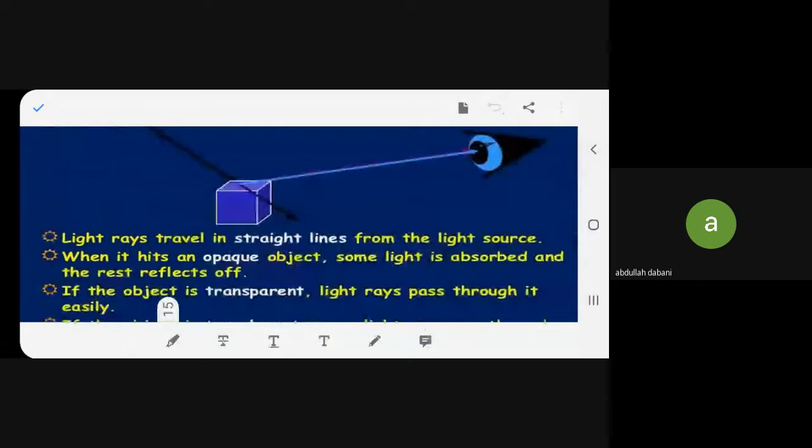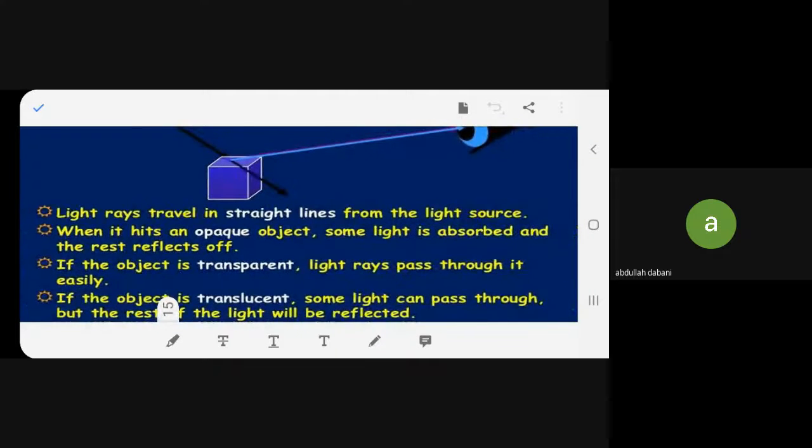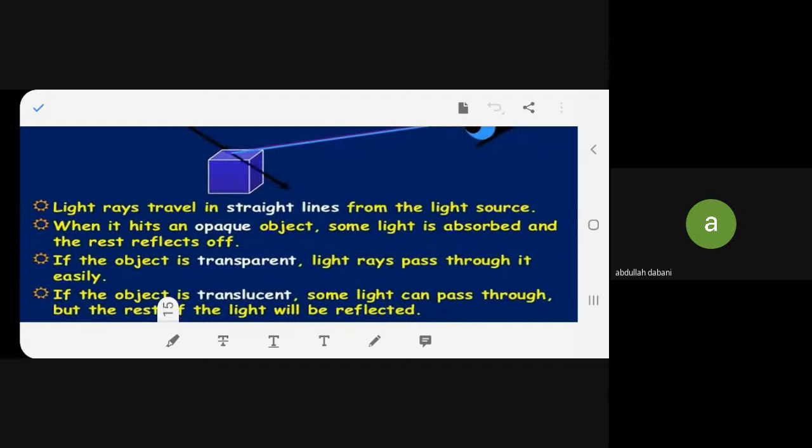Second point. When it hits an opaque object, some light is absorbed and the rest reflects off. What is the meaning of opaque object? I taught you in 7th standard.